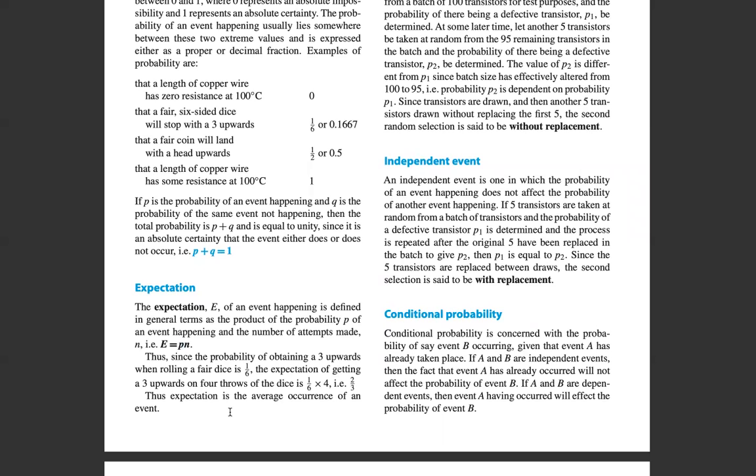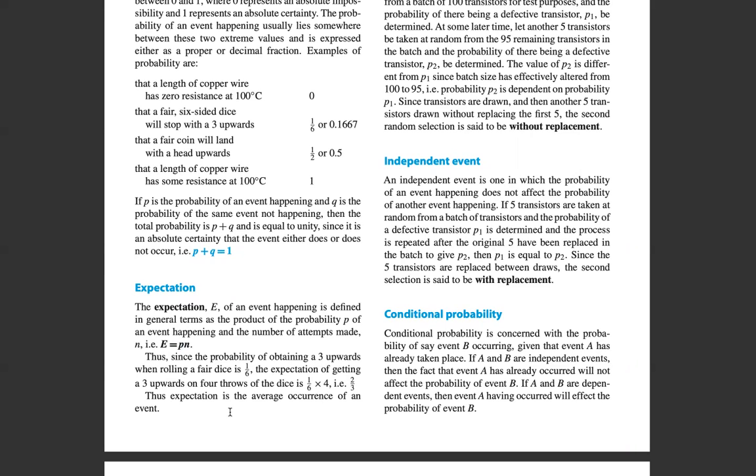Those are the examples you tend to see in books, because most cultures know about dice and cards. You don't have to be a card player, you just have to know what the composition of a deck of cards is.